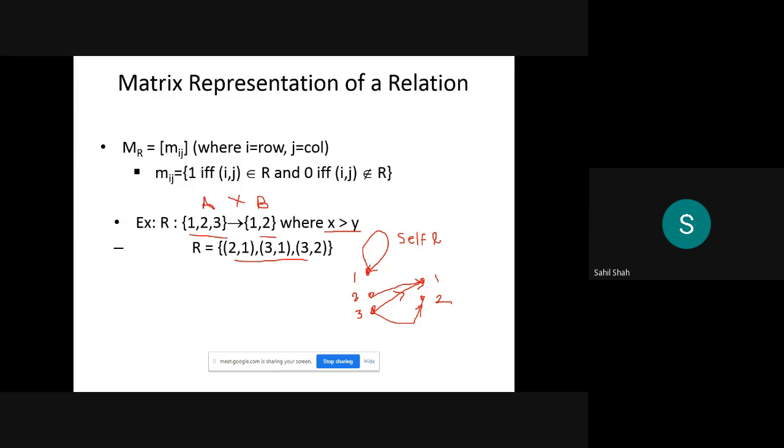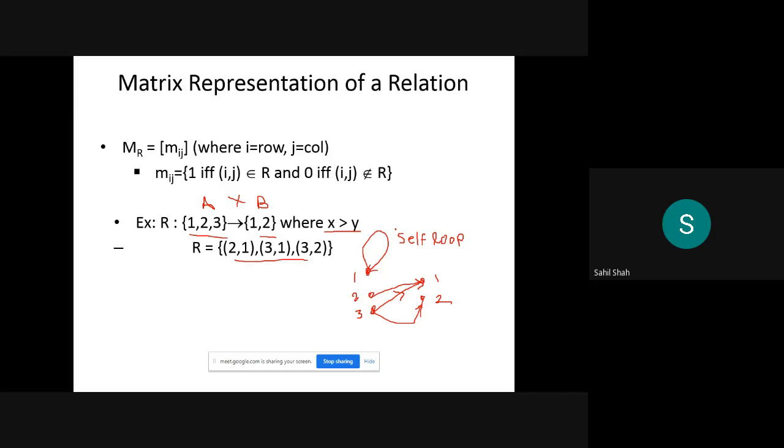This is a new term that you should understand. Remember that if you are not drawing any arrow, it means both pairs are present: you have (2, 1) as well as (1, 2) in your relation. Then only can you say there is no need of any direction. If a node is pointing to itself, it is known as a self-loop.